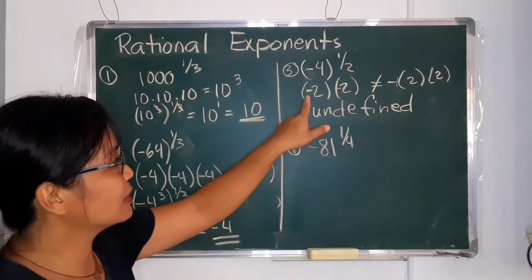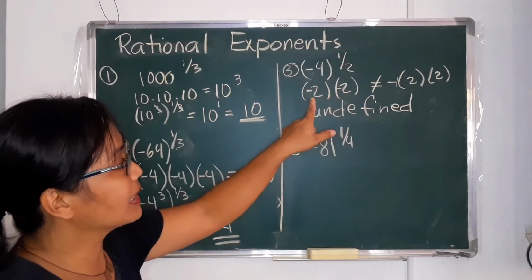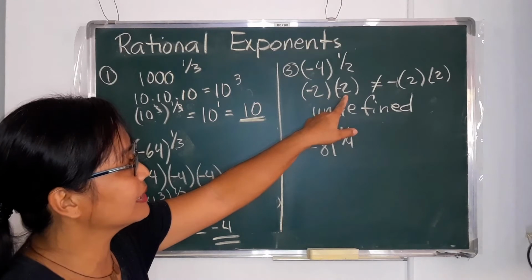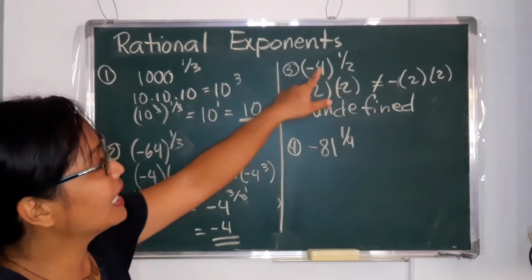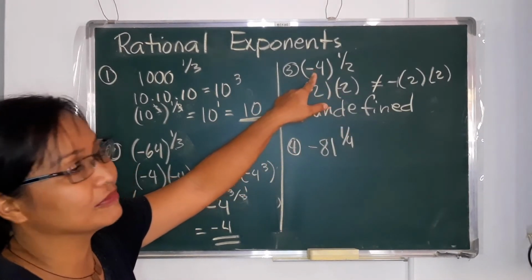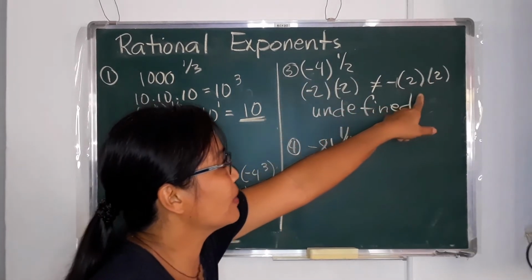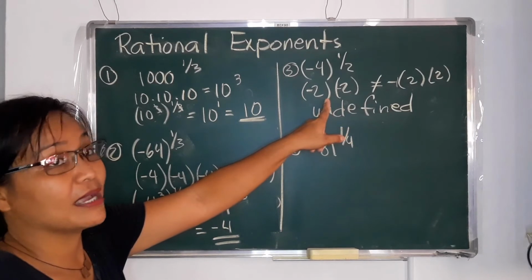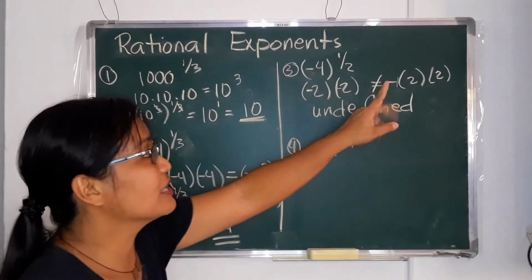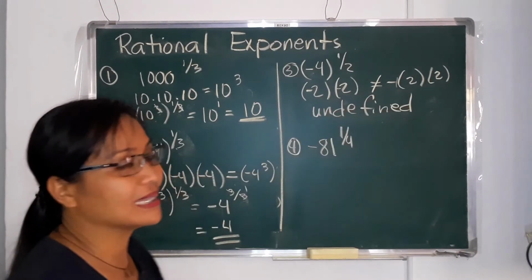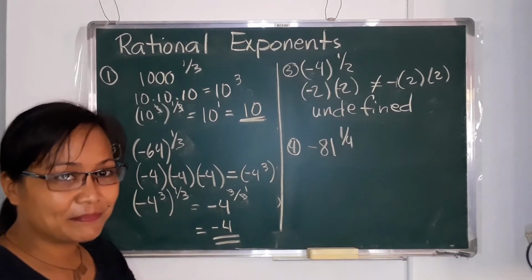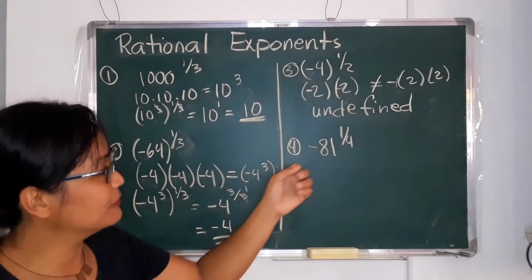Bakit? Kasi ito nga sinabi ko sa inyo kanina, pag i-multiply mo itong dalawang negative bases, hindi pwedeng maging negative. Ito ay positive. Kung ganitong form, pwede siya. So ito, we can use this, pero ito, hindi siya pwedeng gamitin. That's why undefined. Kasi itong dalawa ay not equal. Nakuha? Okay, next, number 4.